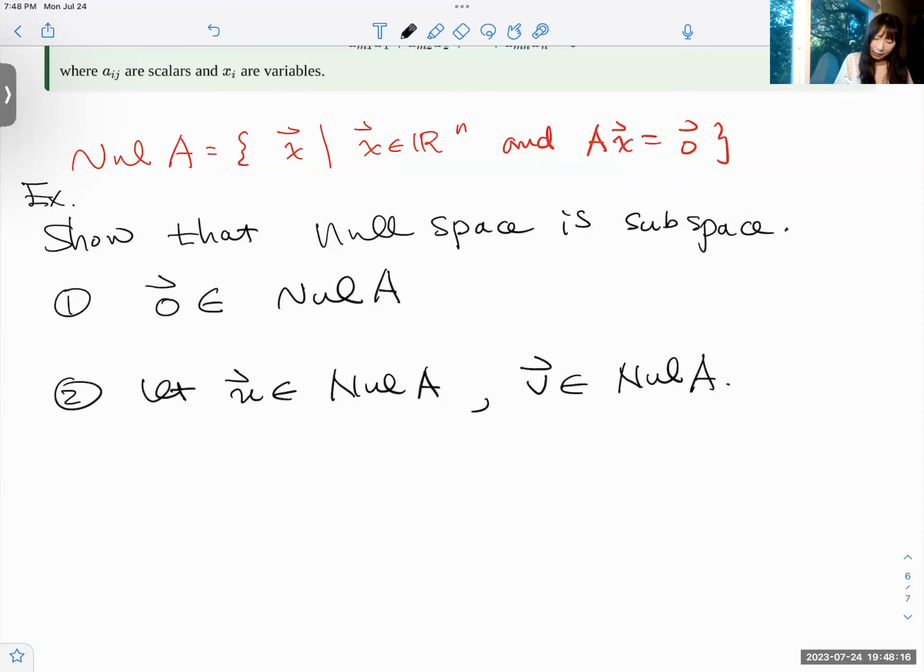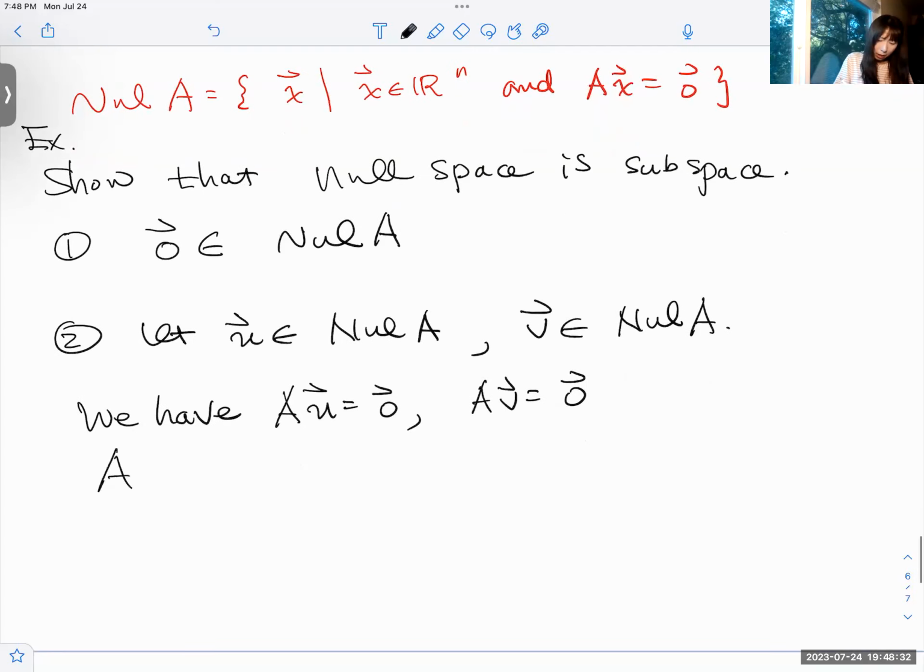So we have AU equal to 0 vector and AV equal to 0 vector. Now A(U plus V), then we distribute, so we have AU plus AV.